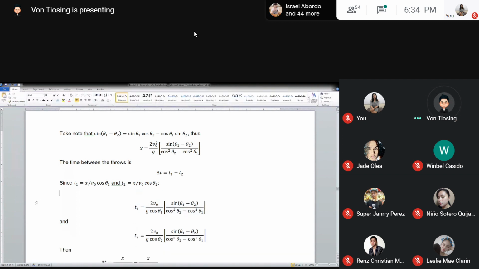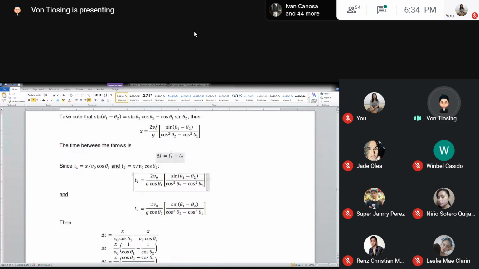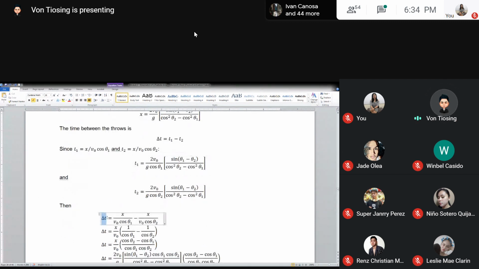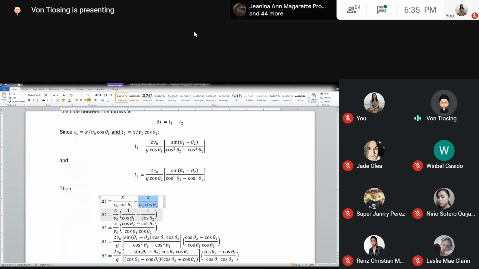Take note, substitute this one to delta t. So x is this one minus this one. This is T1 and T2, so we substituted it here. Actually, this is just the start, so we are not too confused. In these two, the x over is common.